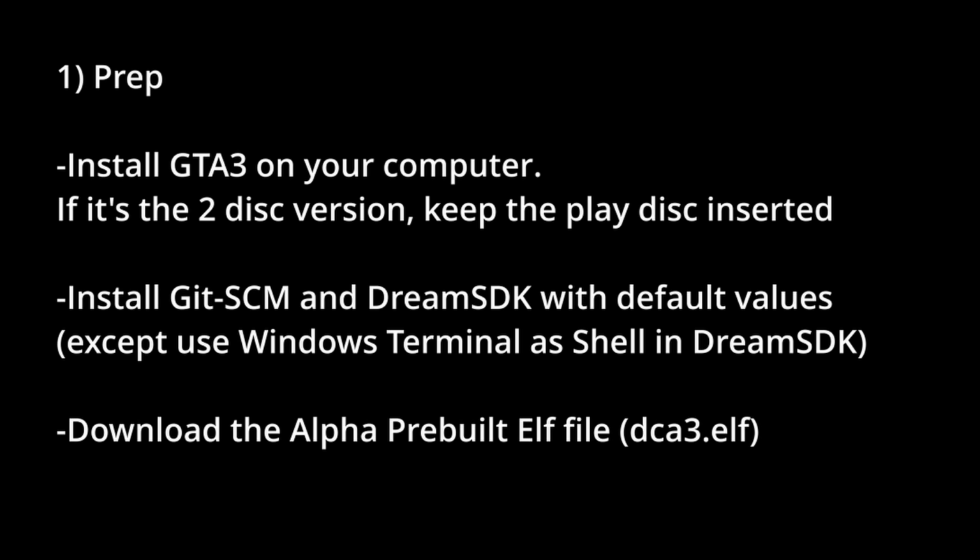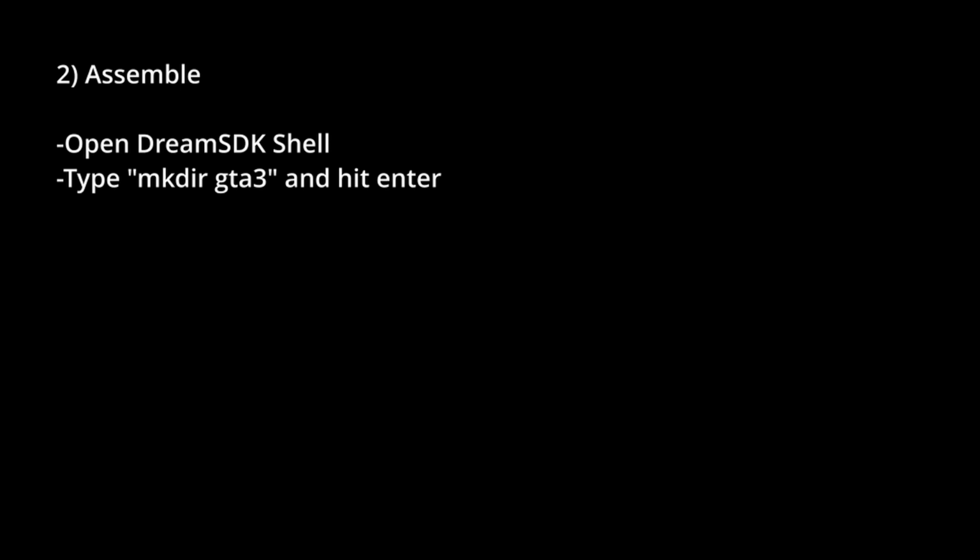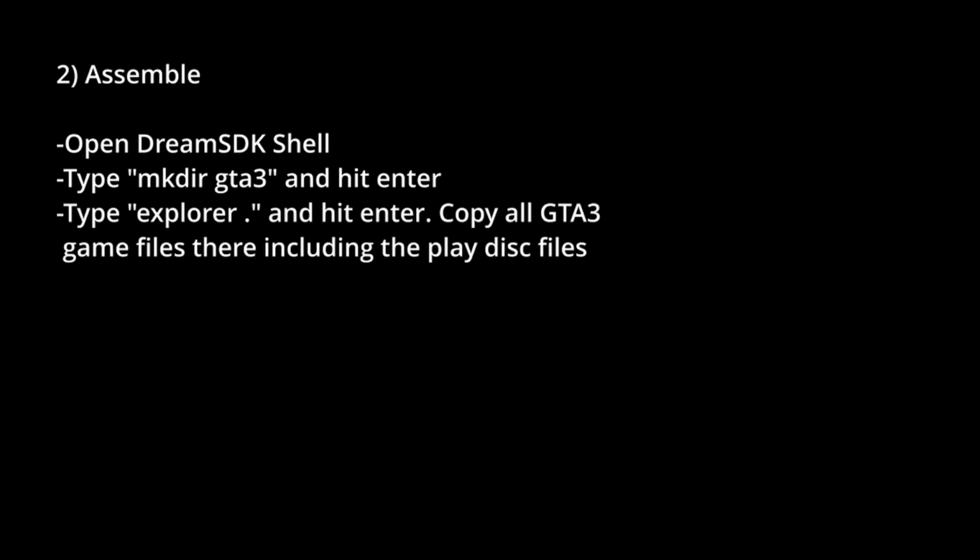It's linked. Now, in the assemble step, open Dream SDK shell. Type mkdir space GTA3 and hit enter. Type explore space dot and hit enter. Copy all of your GTA 3 game files there, including the play disc files.